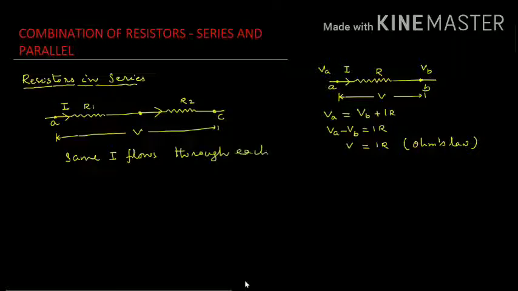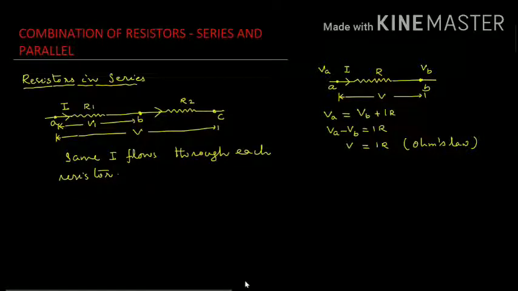While current is flowing from A to C, potential is dropped across each resistor. The potential difference between A and B is V1.